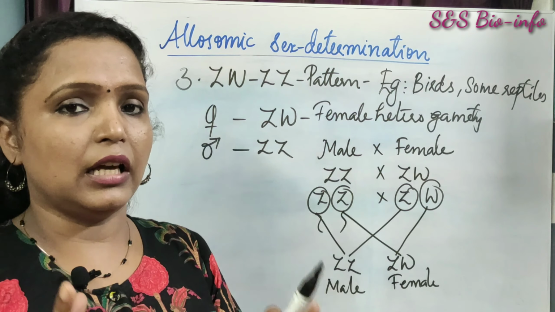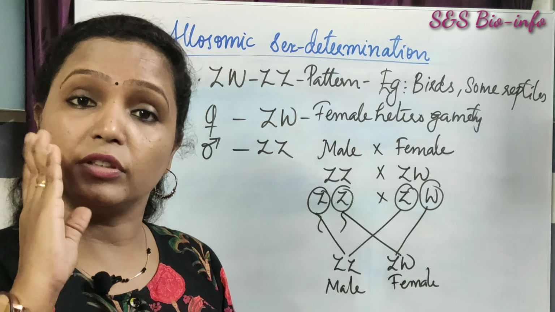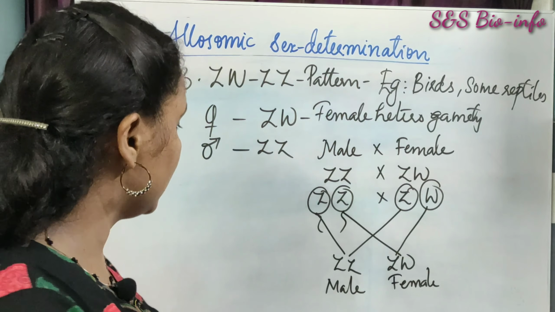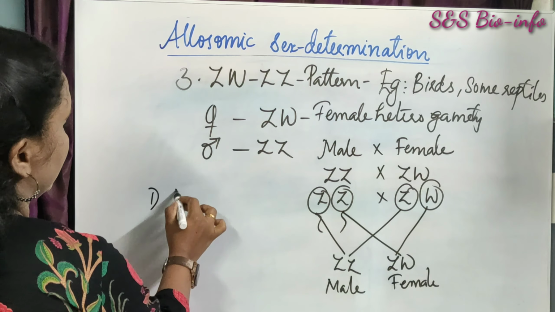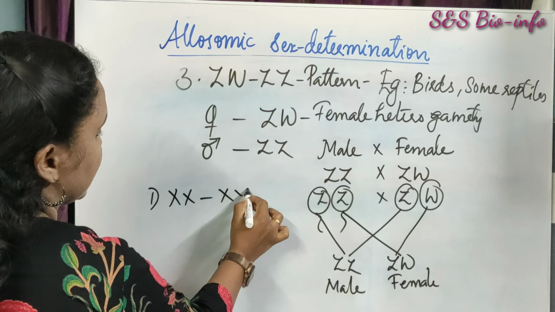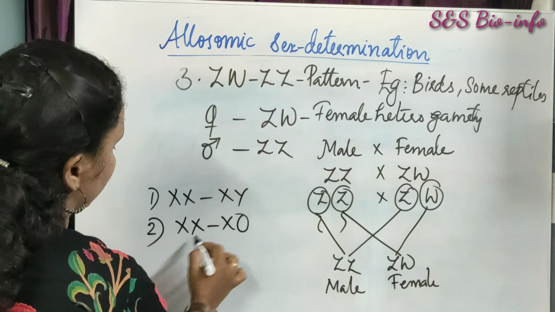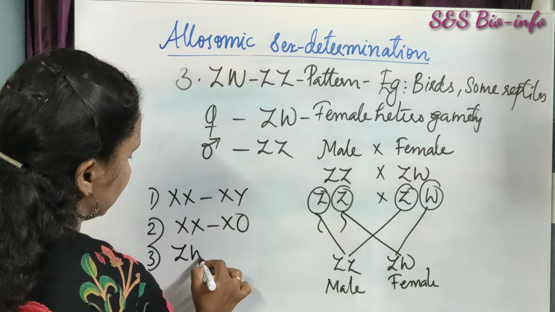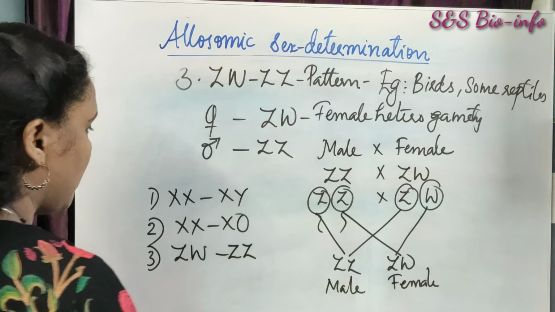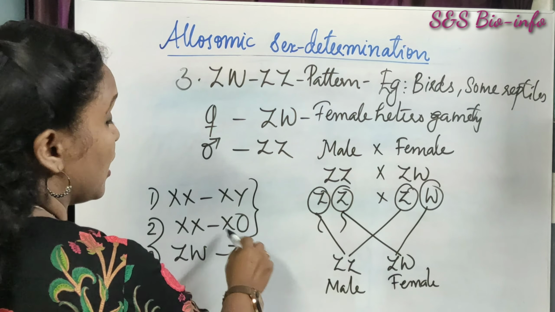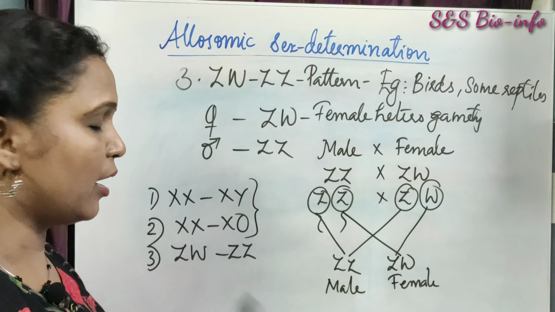So far we have learned three patterns of allosomic sex determination. Which are they? First one, XX XY pattern; second one, XX X0 pattern; third, ZW ZZ pattern. The first and second are examples of male heterogamety.